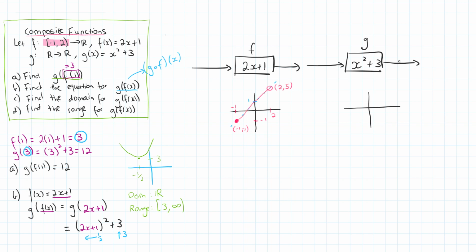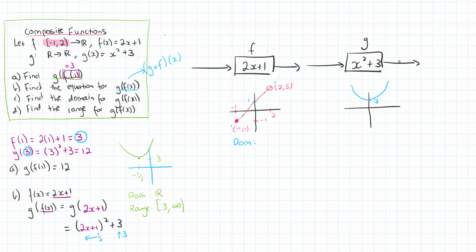Okay. The second graph is a parabola. It's a positive parabola and it's been moved up 3. And we have no restrictions, so we draw the whole parabola. Let's work out the domain and range for both of our graphs.